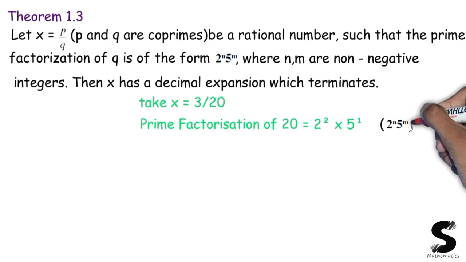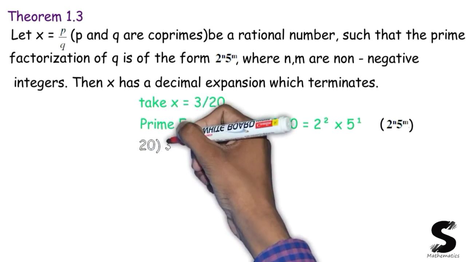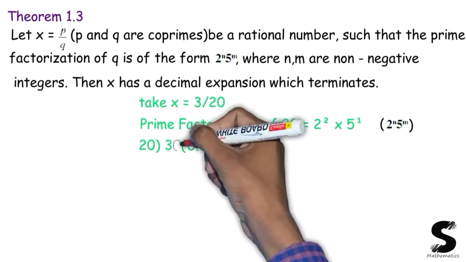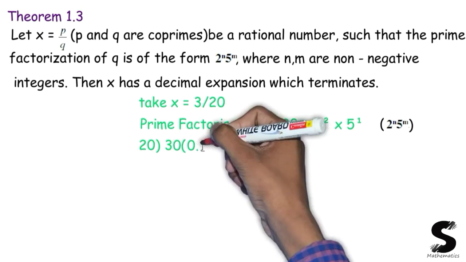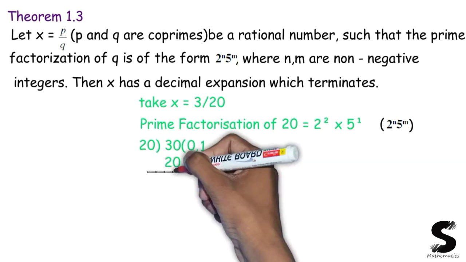Now let's see the decimal expansion of this rational number. For that, let's do the division. Divide 3 by 20. We'll get, put 0 point and write a 0 beside 3. 2 1s are 20, remainder is 10.